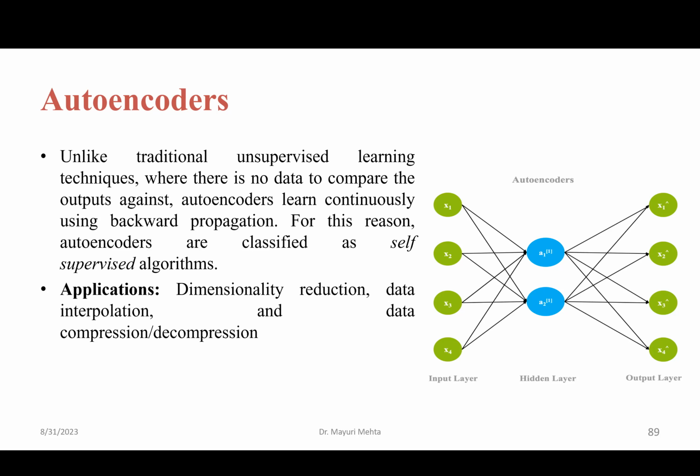So one of the benefits is that they are flexible and adaptable to different types of data and tasks. And autoencoders can handle both linear and non-linear relationships in the data. And they can learn complex or abstract features that other models may miss to learn. So that's why they are preferred.